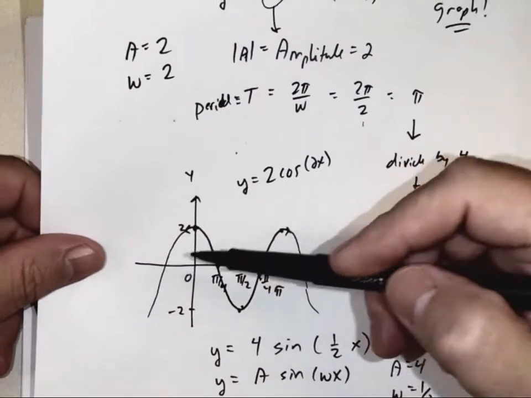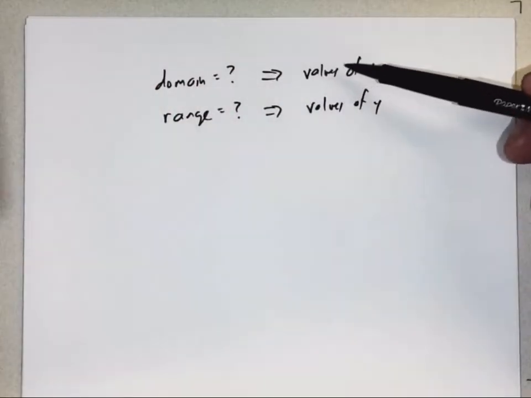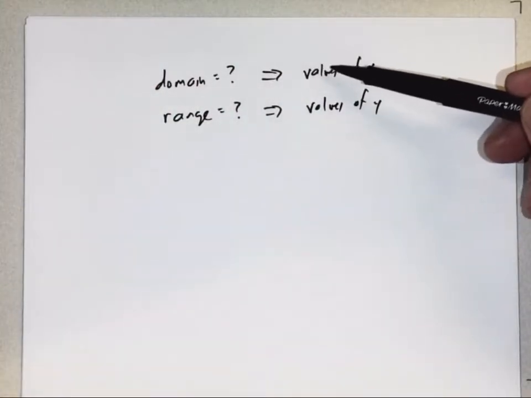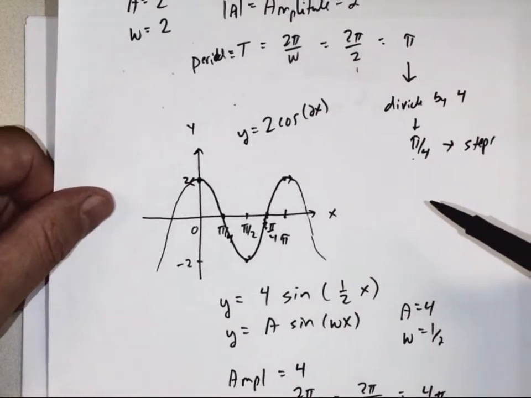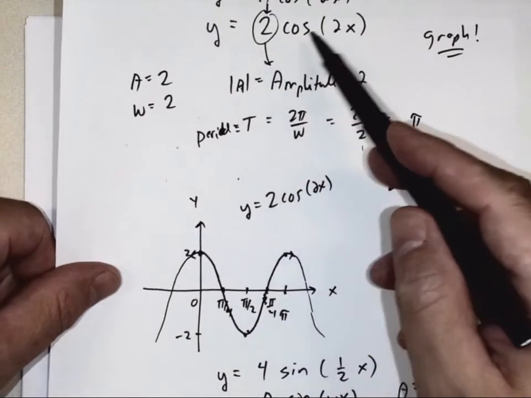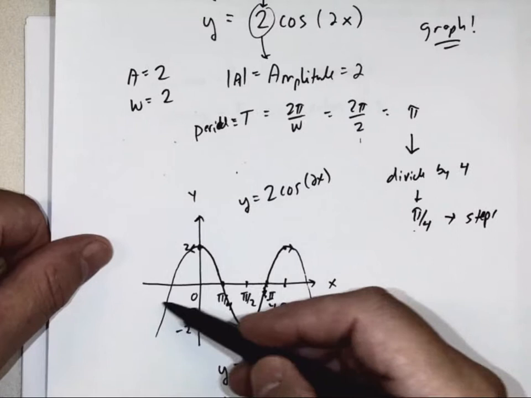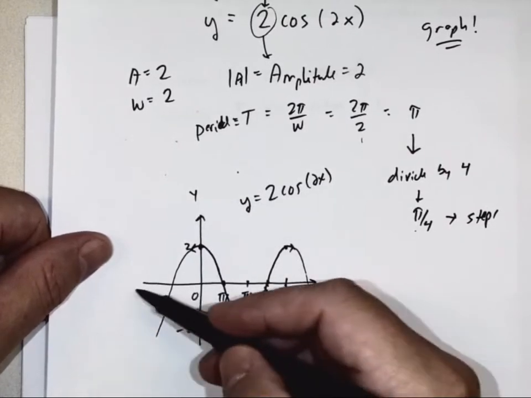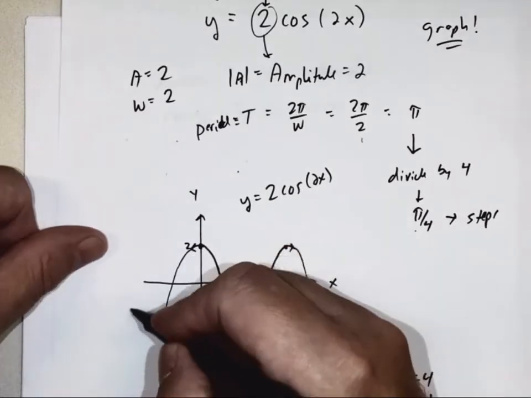Assuming the graph is continuous, with no breaks or jumps, the domain asks: what's the smallest value of x for this graph, and what's the largest value of x? So for instance, when we graph 2 cosine 2x, here's our graph. X is across here. And we know this graph actually goes on forever and ever.